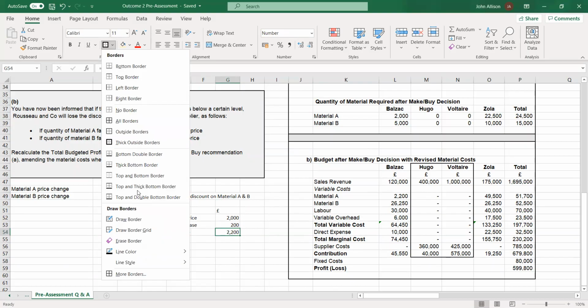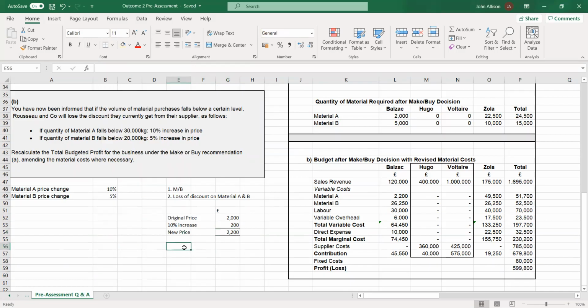A faster way of doing it would be to say the new price is going to be the original price of 2,000 times 1.1, basically 1 plus the 10% increase.